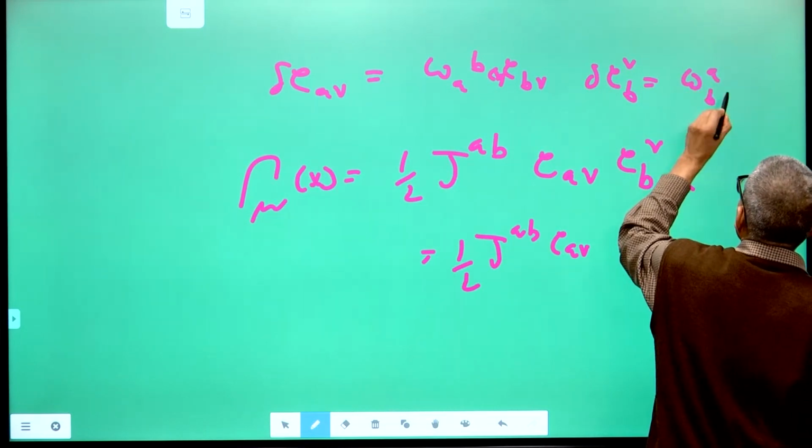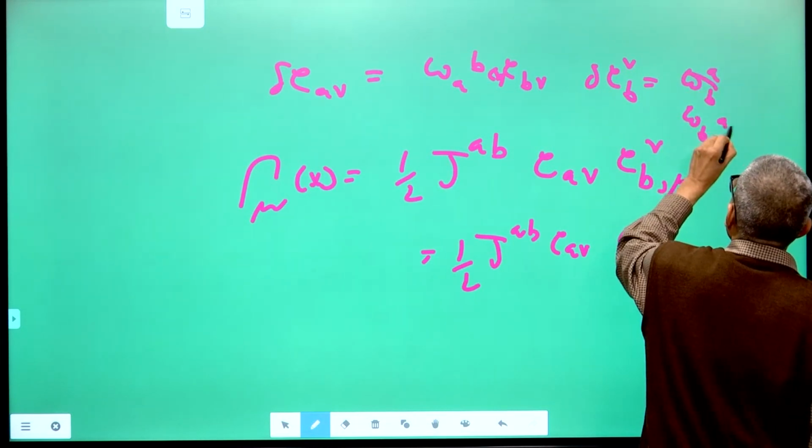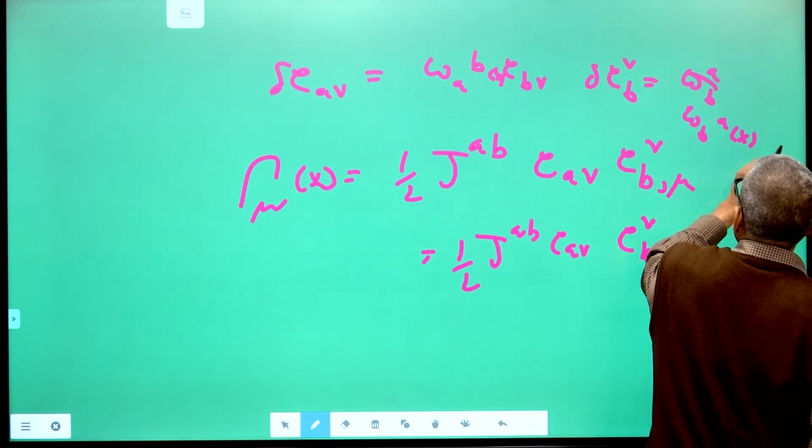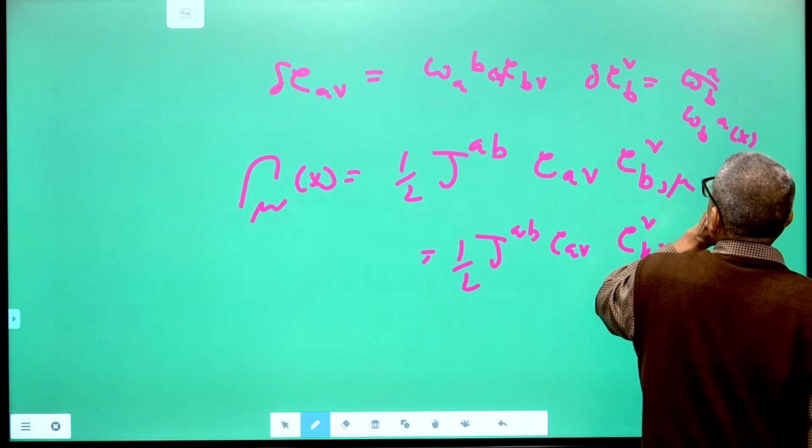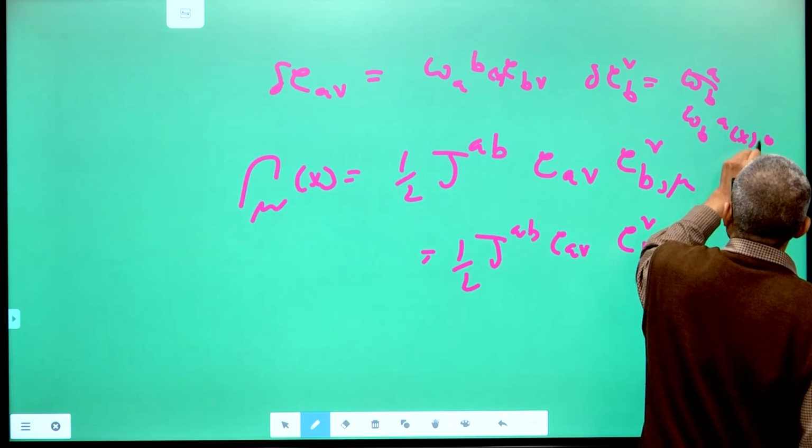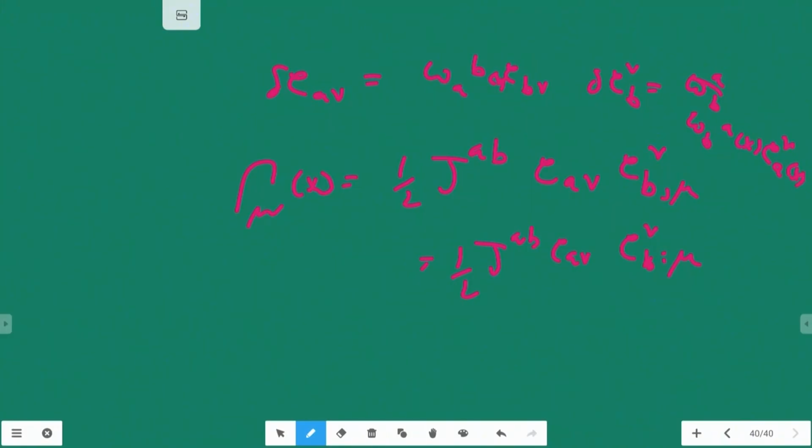So that will be omega BA x multiplied by E nu A of x. So if you apply the infinitesimal transformation to this and to this, you can show why this is equal to the covariant derivative. You just calculate and see JAB E A nu multiplied by E nu B comma mu plus gamma nu alpha mu E alpha B.